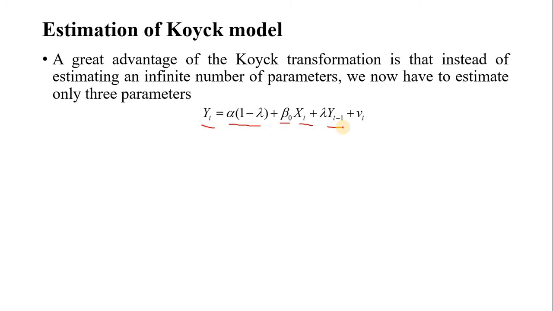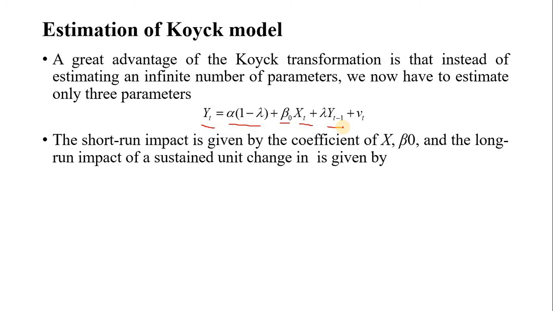We started with an infinite lagged model, and now we have ended up with a one lagged value. The short term impact is given by this beta 0, and the long run impact is given by beta 0 into 1 divided by 1 minus lambda.